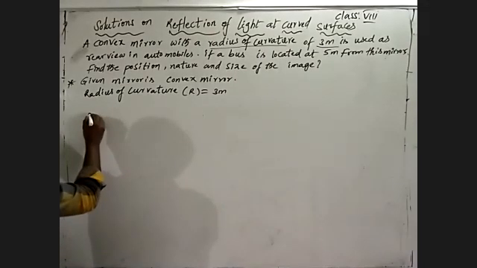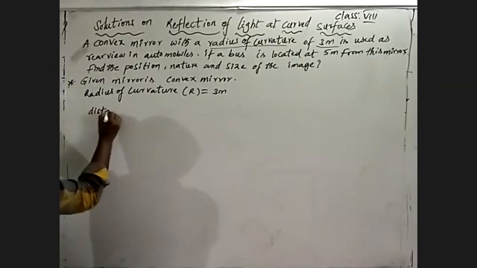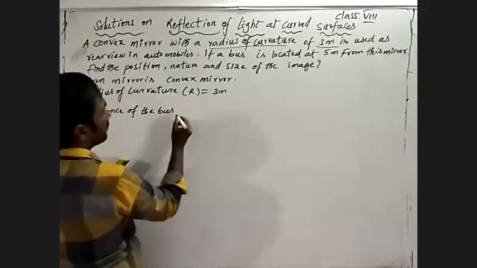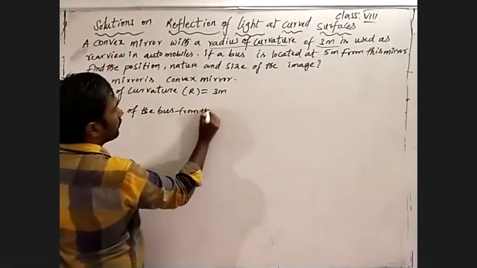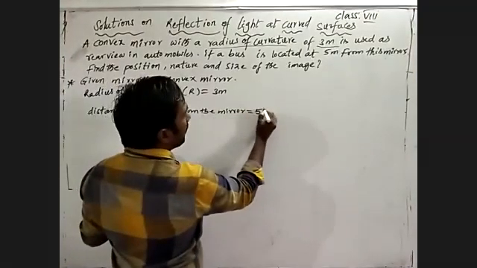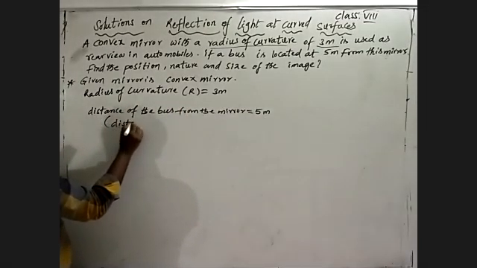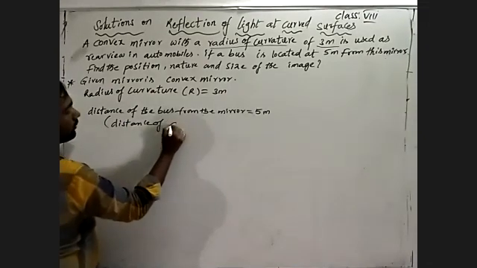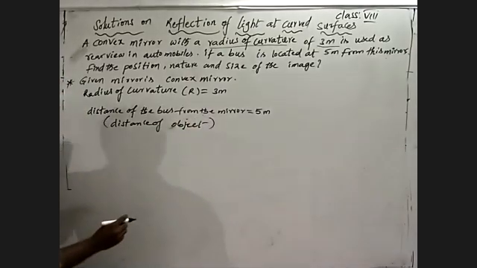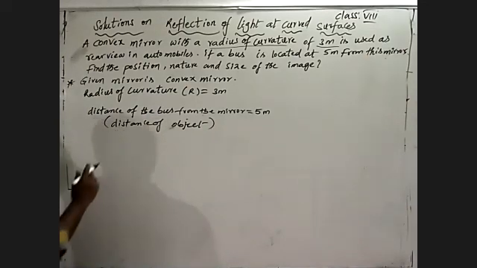So the distance of the bus from the mirror is 5 meter, which means the object distance. The bus is the object. Radius of curvature is given, and object distance is given.